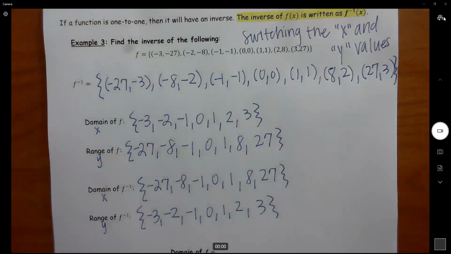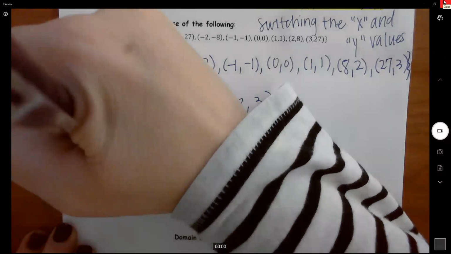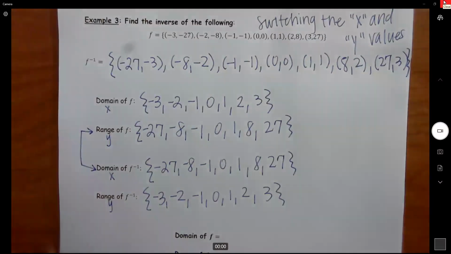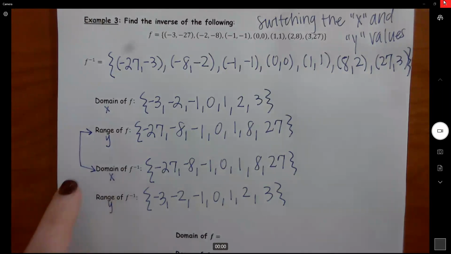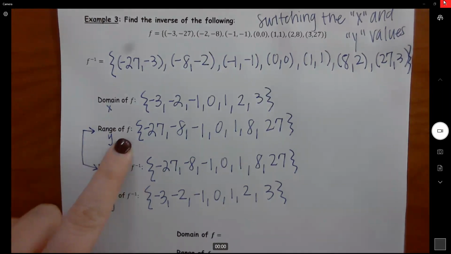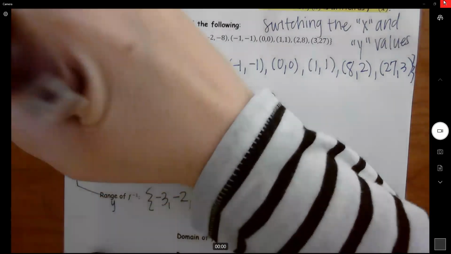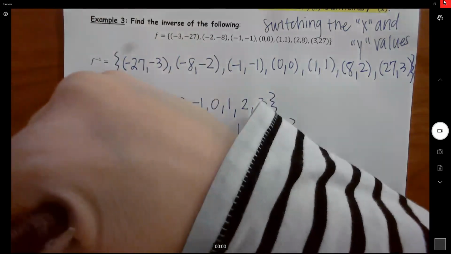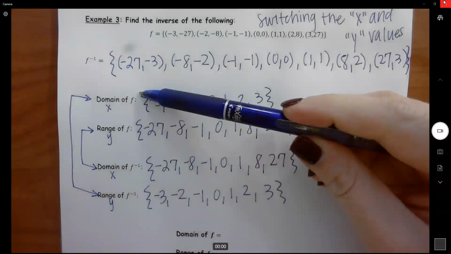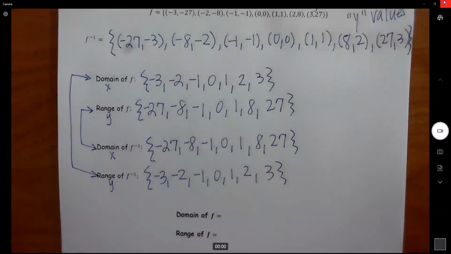All right, what do we notice here? It looks to me like the domain of my inverse and the range of my function are the same, as well as the domain of my function and the range of my inverse are also the same.